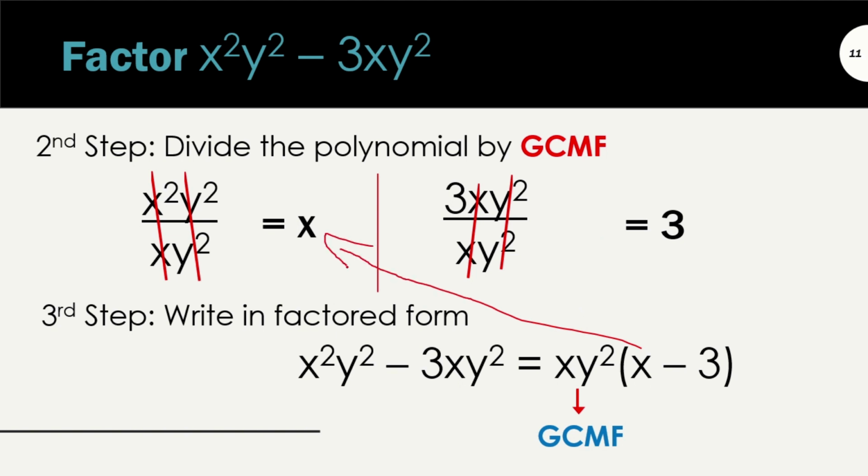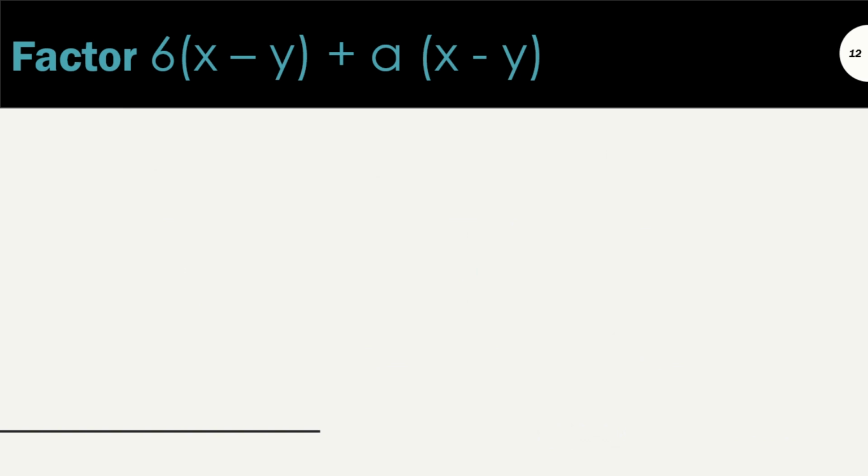So, dito natin kinuha yung x, quotient ng first term, over the GCMF, and second term naman yung 3. So, negative siya or minus dahil yung nasa given naman natin is minus yung gitna. Then, lalagay natin siya sa loob ng parentheses. And we call this the other factor.